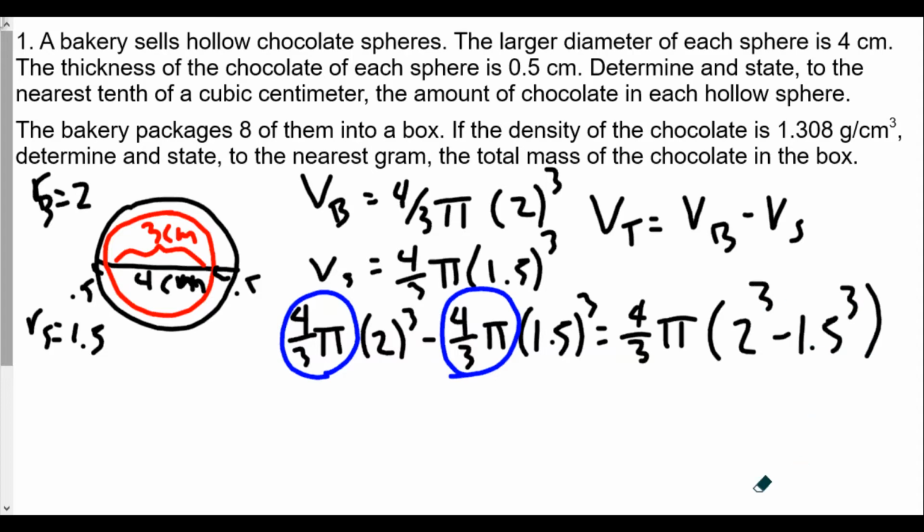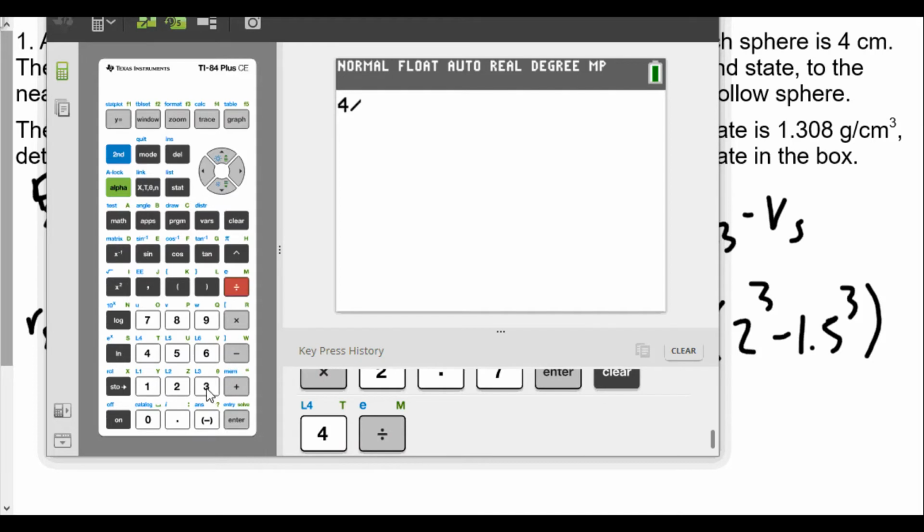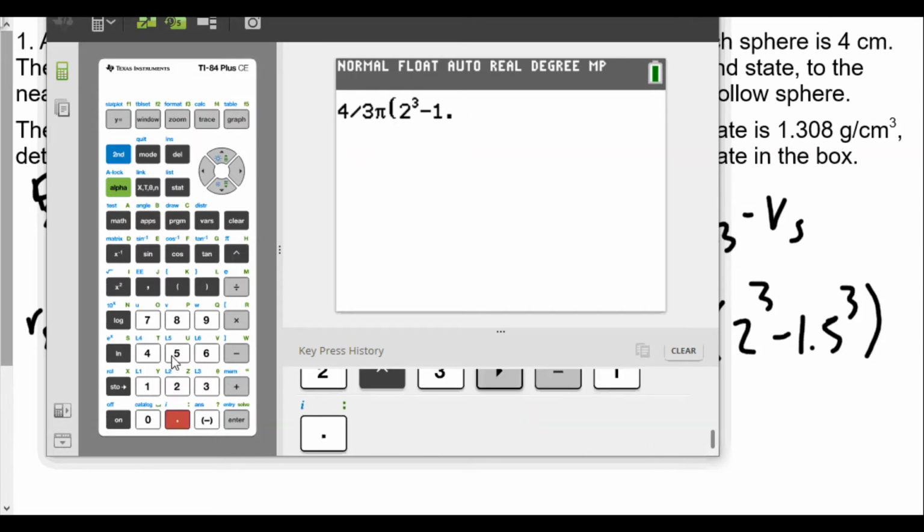Let's take our calculator and do 4 divided by 3, times pi, times parenthesis, 2 raised to the third power, minus 1.5 raised to the third power.